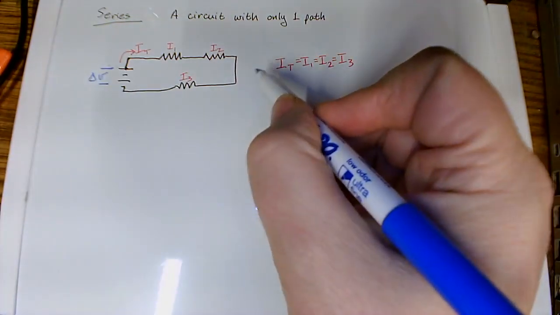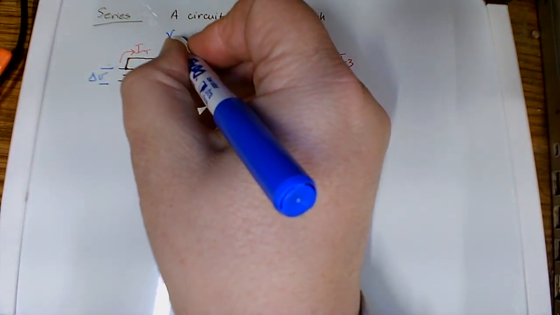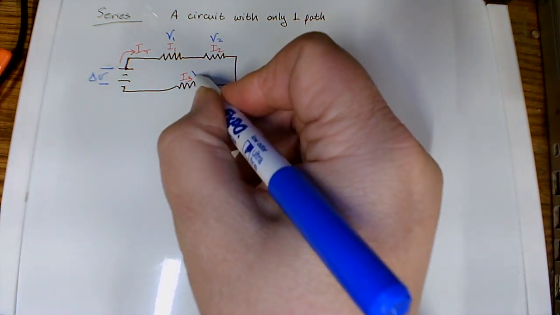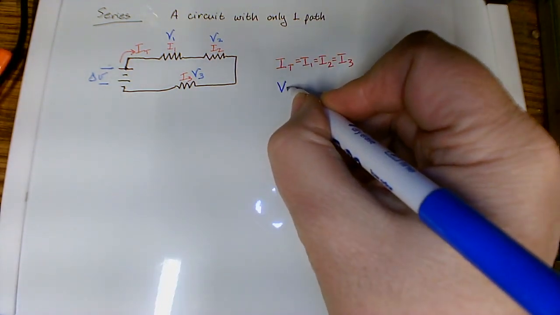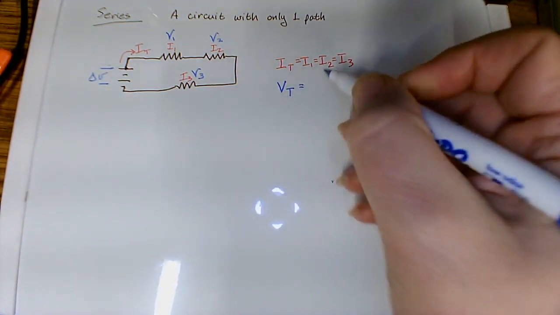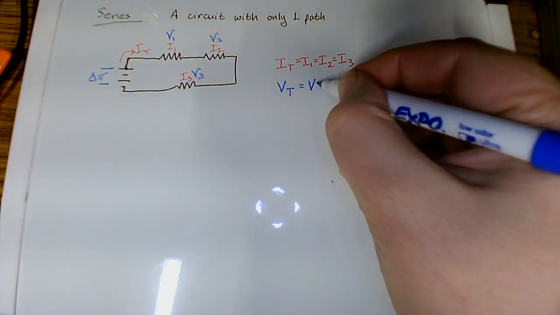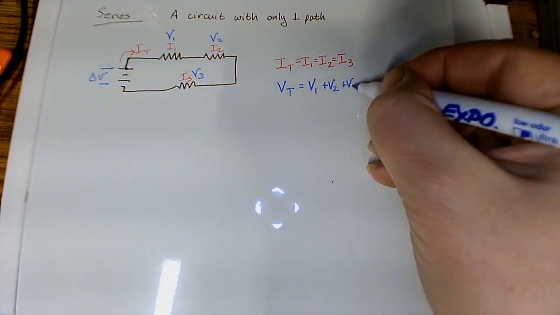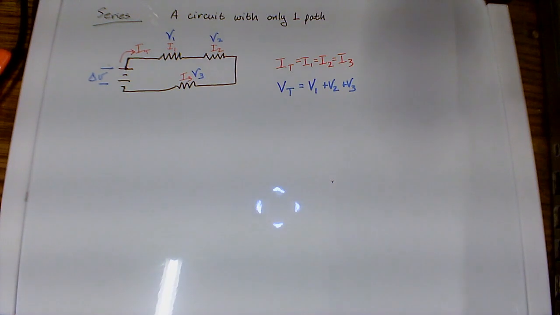So looking at the whole picture, we're going to have a voltage drop here, a voltage drop here, and a voltage drop here. And what we're going to find is that the total voltage is going to be V1 plus V2 plus V3. It's the combination of all 3 of these pieces.